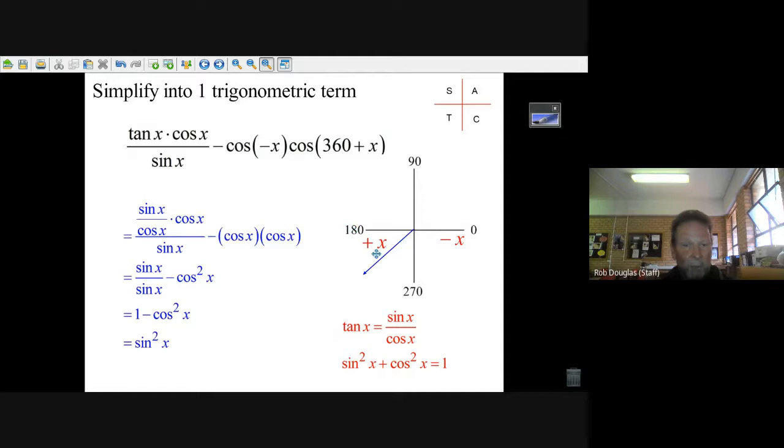The tangent of 180 plus x would be positive tan x. So you just write down x, but you figure out the sign by going to where it is. If you saw something like 360 minus x, here's 360 minus x. It'd be right in this quadrant. Okay, so I hope that helps, and good luck in the control test.